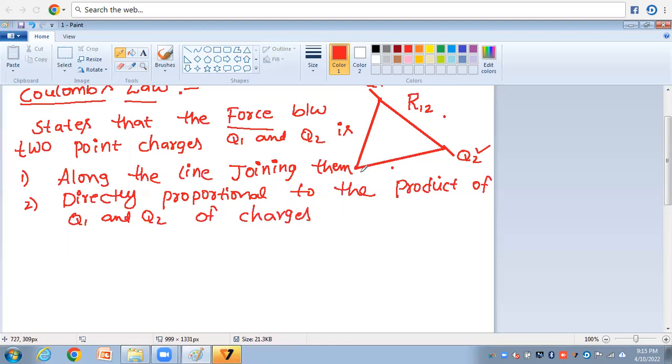The next one, this is treated as horizon. The next one is inversely proportional. What?